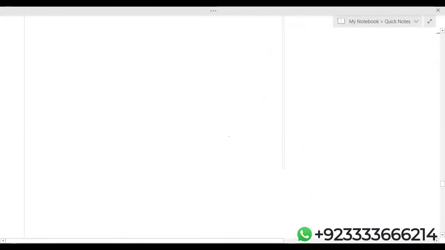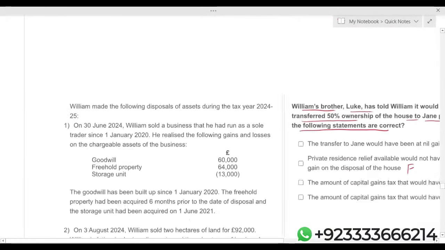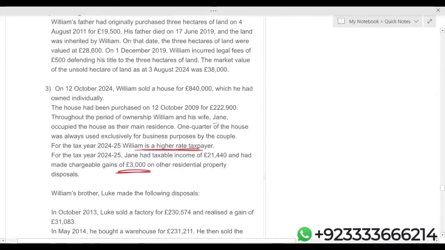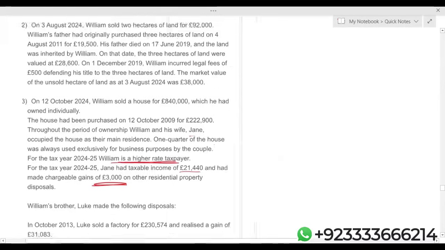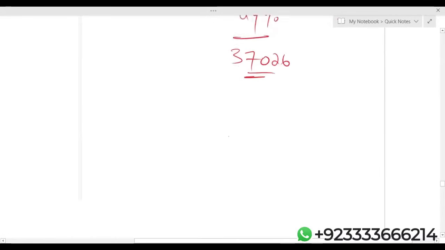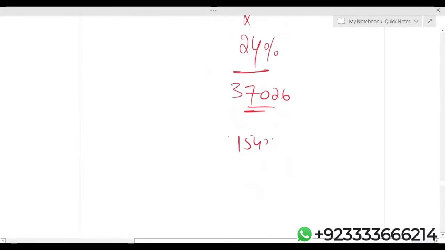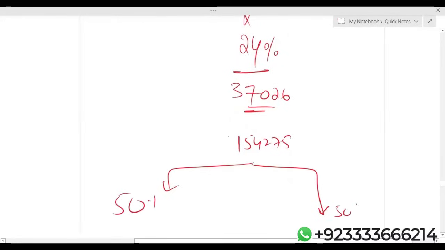If William gives half of this to Jenny, let's see Jenny's taxable status. Jenny had taxable income of 21,440 and had made chargeable gains. So Jenny does have space in the basic rate band. Instead of this, if 154,275, 50/50.